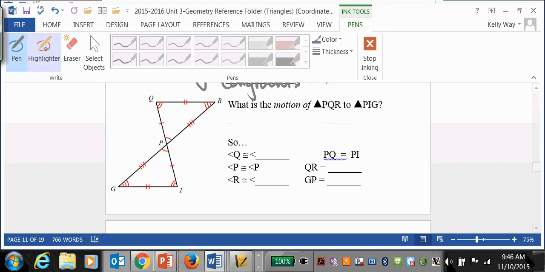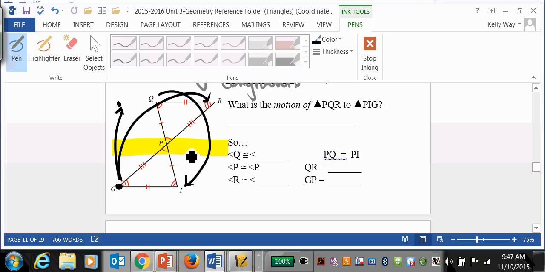Okay, if it's reflection, if you put a line like this and you imagine if you flip over that line, this G would end up over here. Do you see it? Okay, so it can't be reflection. It's what out loud? Rotation, because if you look at G, G actually rotates this way, Q rotates to there, and then P is a rotation there. So it is rotation.